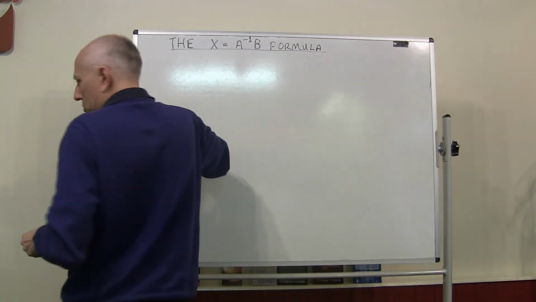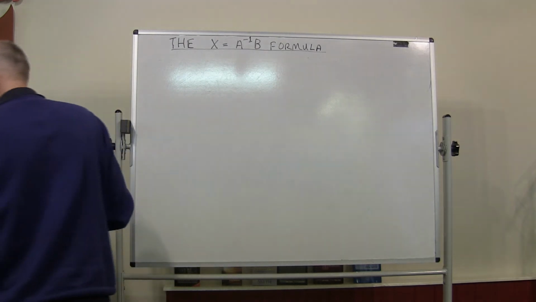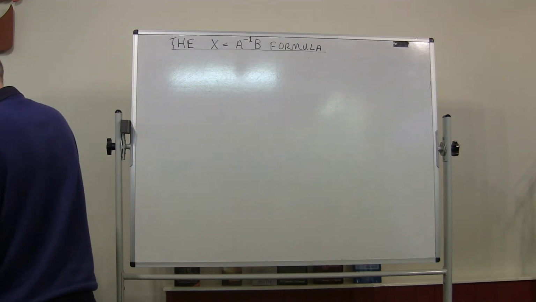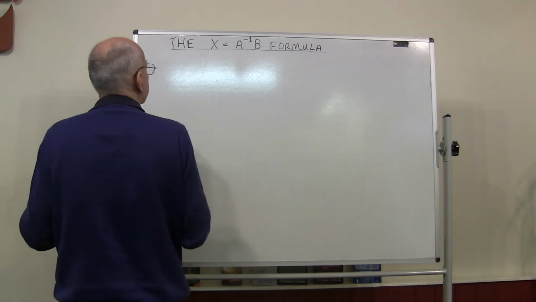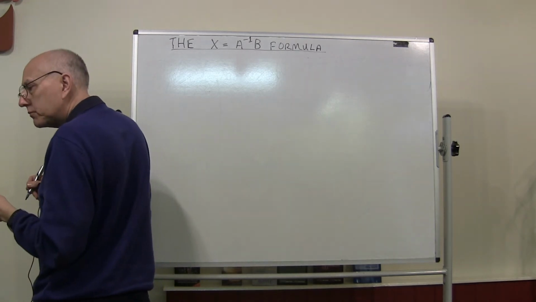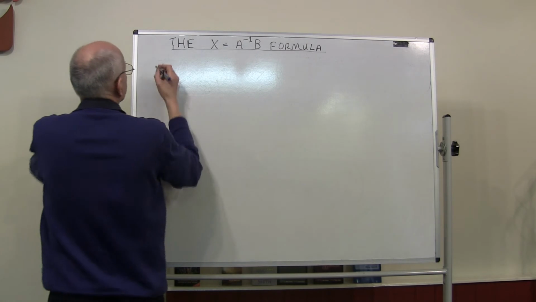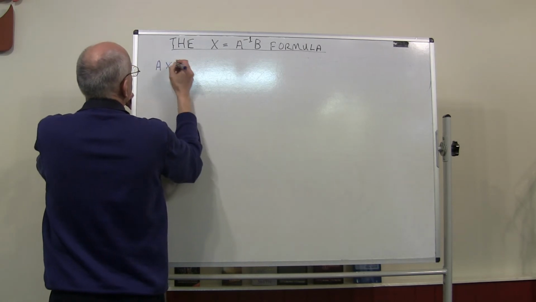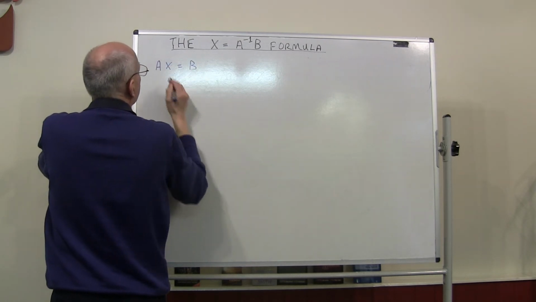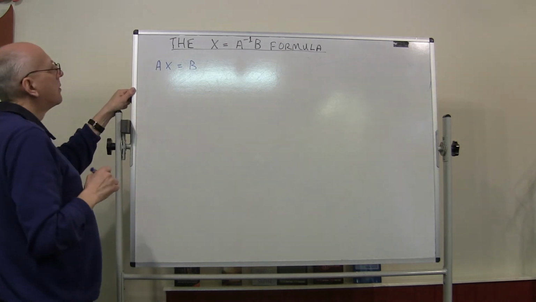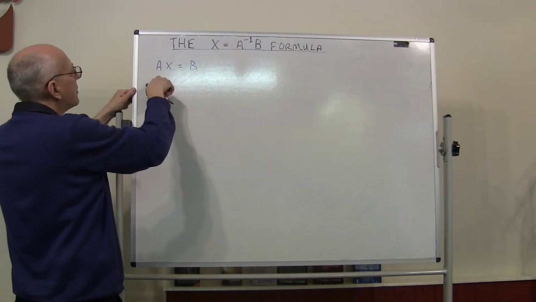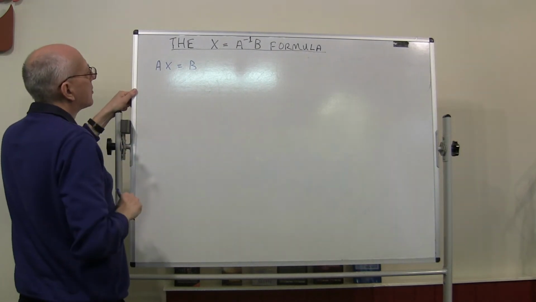So let's make a statement. Let's suppose that A is a 2x2 matrix and AX equals B. X and B are 2x1s. So A is a 2x2 and X and B are 2x1s.